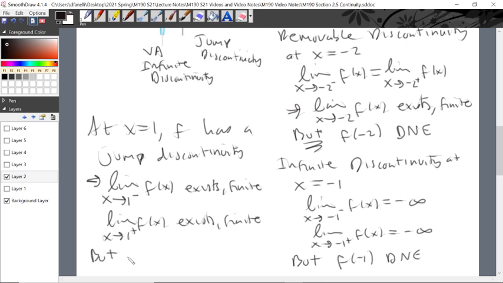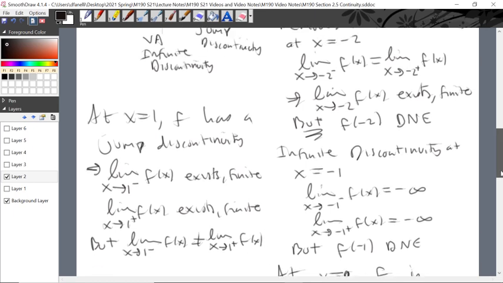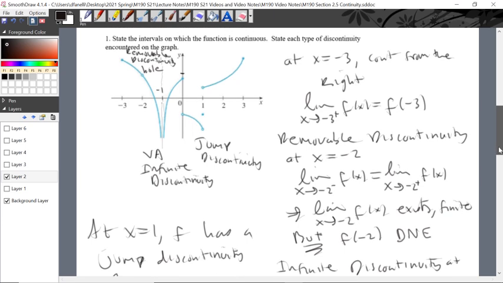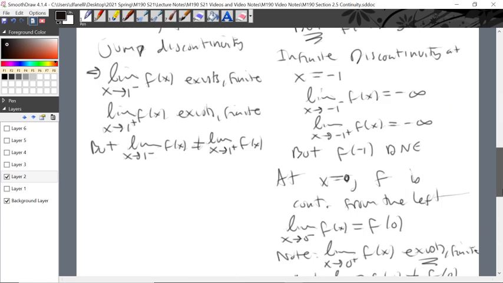But the limit from the left does not equal the limit from the right for the function. And for that reason, we have a jump discontinuity. Notice that f of 1 itself does actually exist, but it is not on either of these two pieces. So in fact, we can't even say that it is continuous from the left or the right.